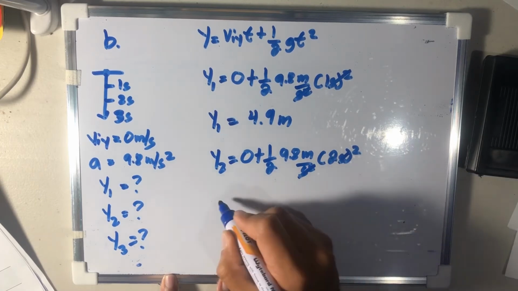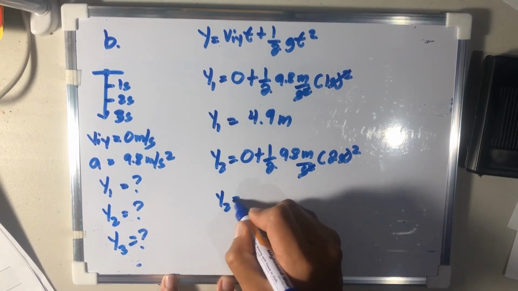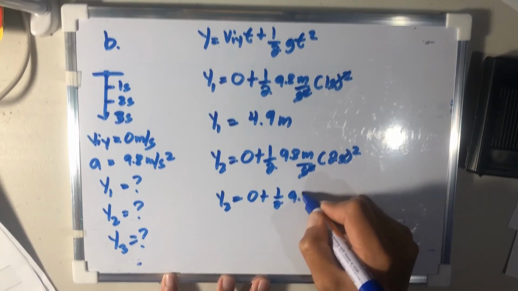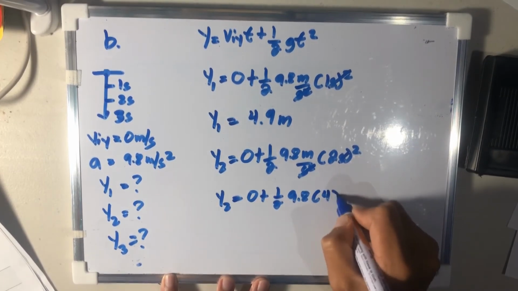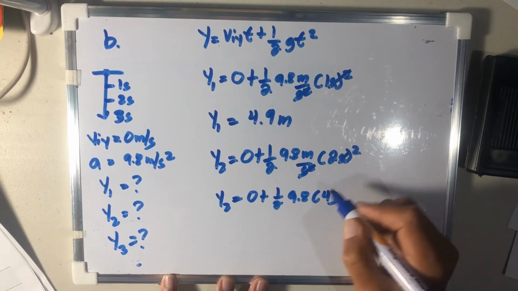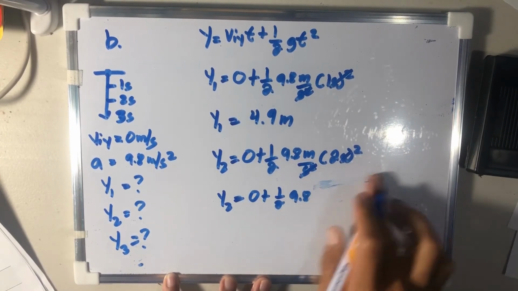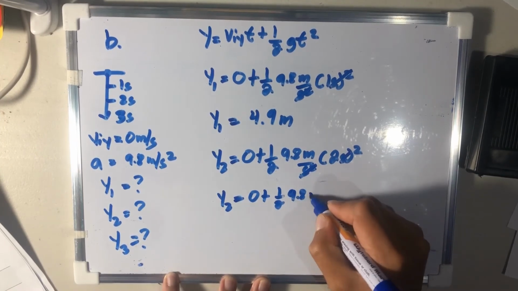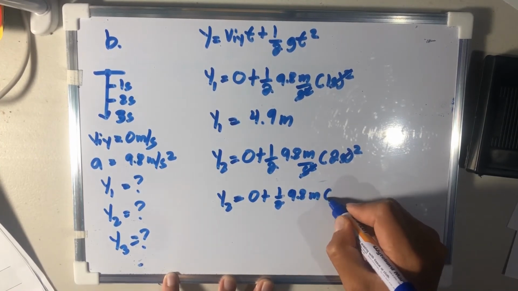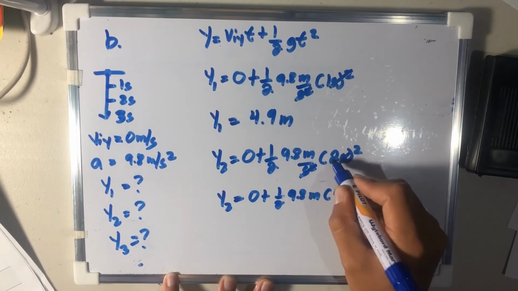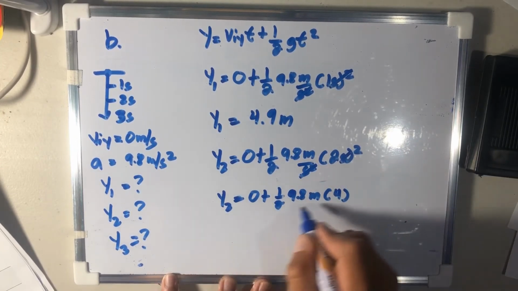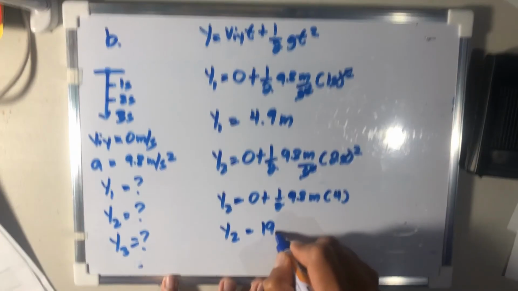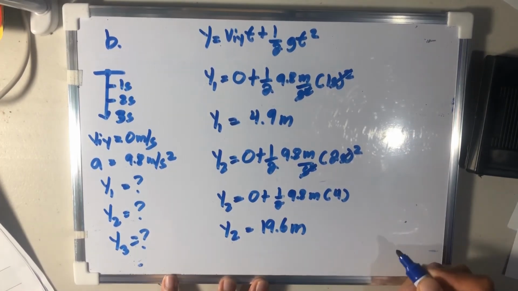So this will now become y2 is equivalent to 0 plus 1/2 times 9.8 multiplied by 4. Let's put the unit first. So this is 1/2 times 9.8 meters multiplied by 4, since 2 times 2 is 4. Multiplying this, this will give us a value of 19.6 meters.